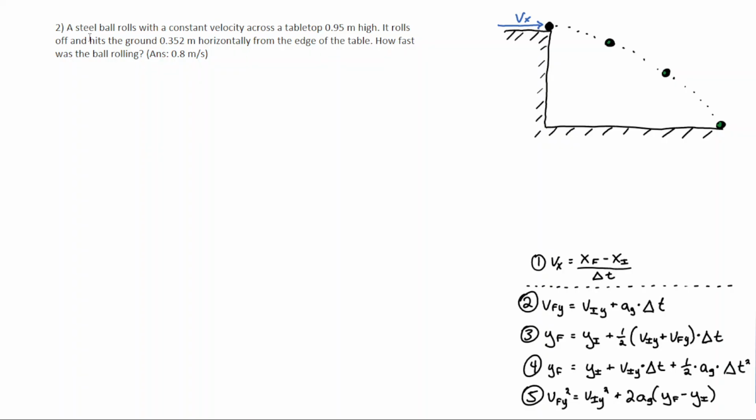So you have a steel ball that rolls with a constant velocity across the tabletop this many meters high. It rolls off and hits the ground at this point. Okay, so once again, let's get into this where we're going to be pulling out the given information. First thing I want to do is write out the quantities I'll be pulling out.